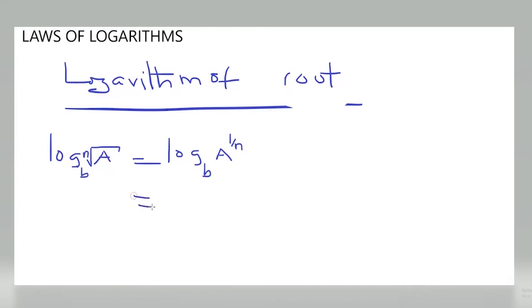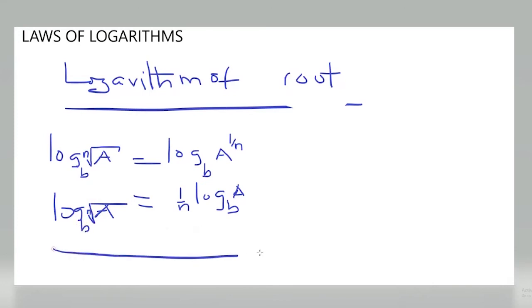Now take the power as I told you before. This can be written as 1 over n times logarithm of a to base b. So this is the general formula. Always, the logarithm of a number under an nth root to base b is given by this formula.